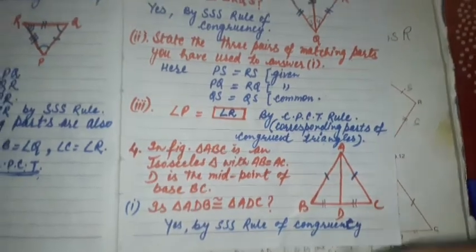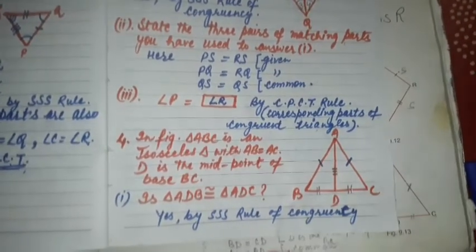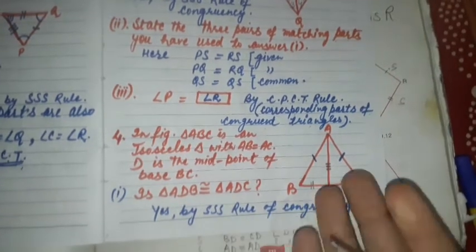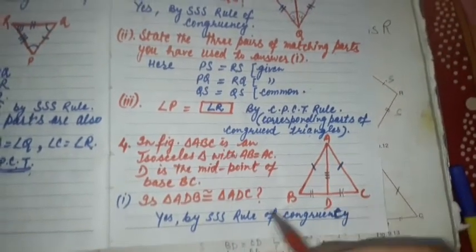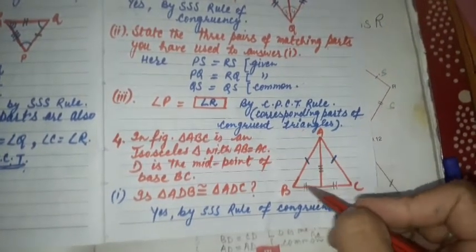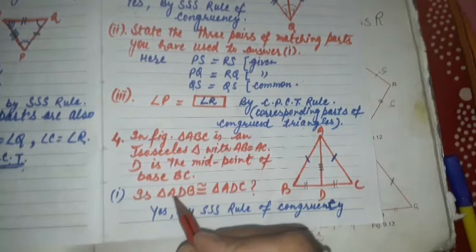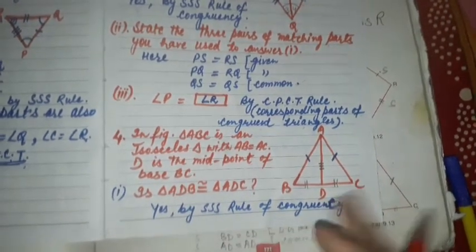And the third side, AD, is common to these two triangles. Therefore triangle ABD and triangle ACD are congruent. The triangles ADB and ADC are congruent by SSS rule.